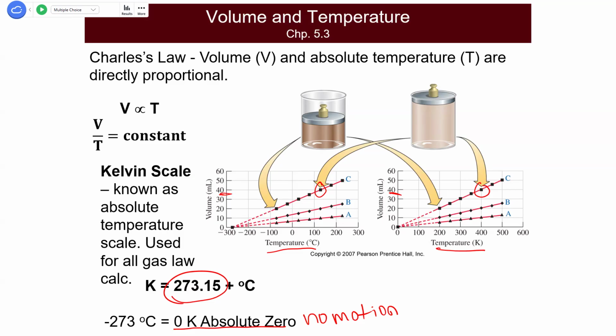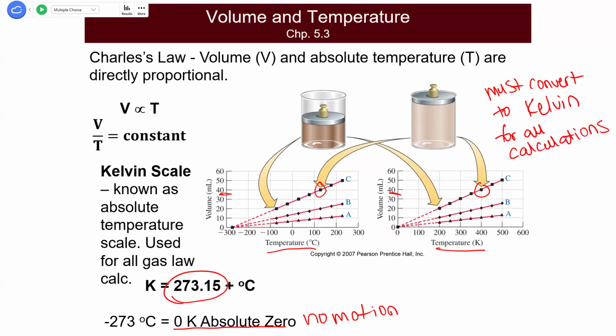With gas laws, you must convert to Kelvin for all gas law calculations. You're going to be multiplying and dividing, but you're adding 273, so that's not going to be the same relationship between them if you solve for it using Celsius.